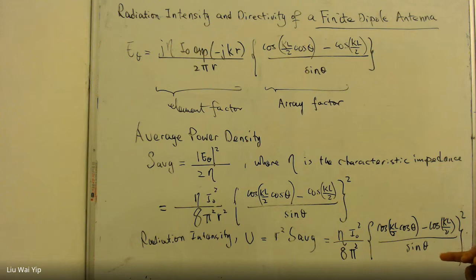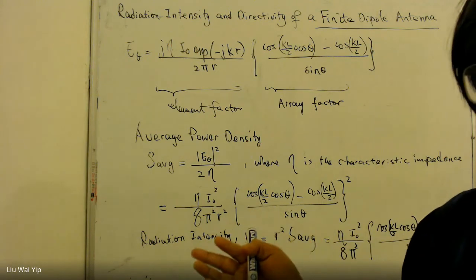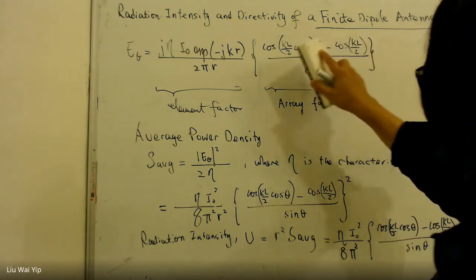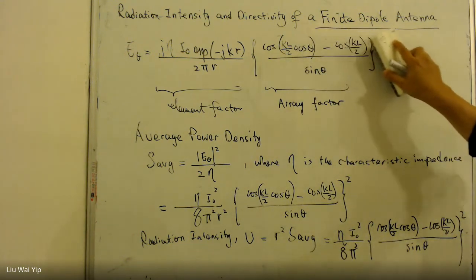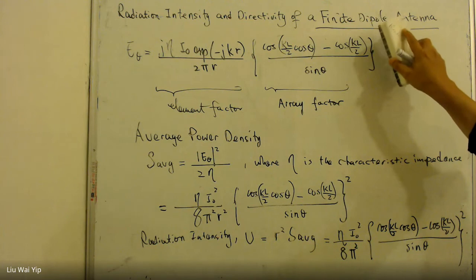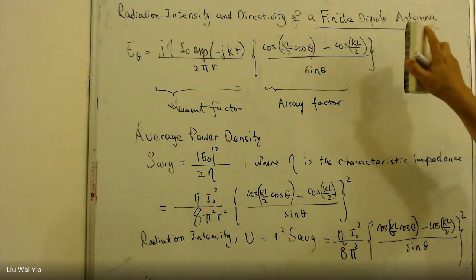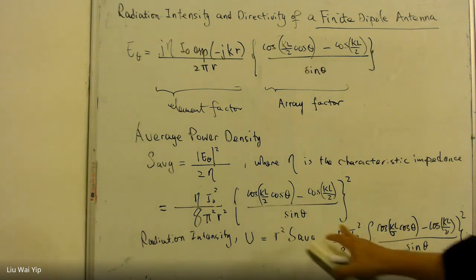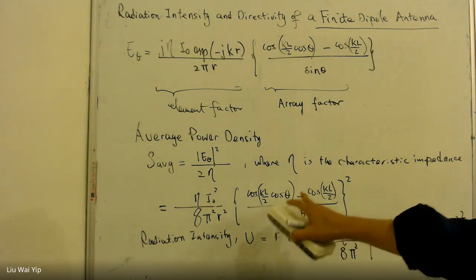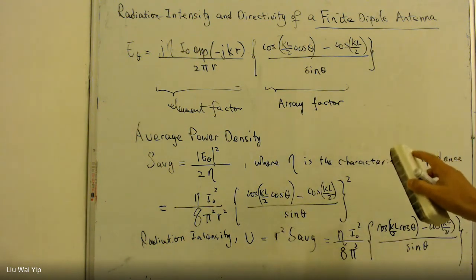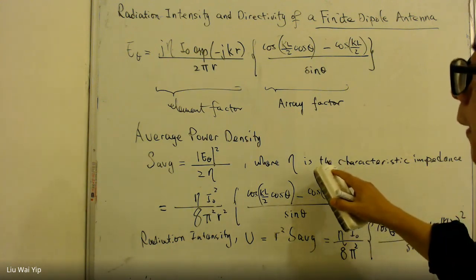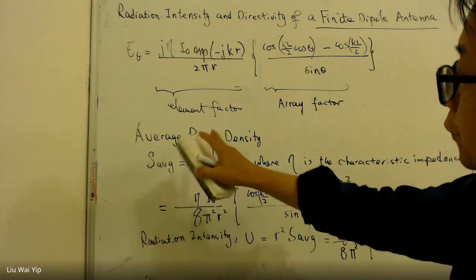And this is the so-called half-wave dipole. So what I am going to do is to preserve these two formulas, and the next thing that I'm going to do is to find out the half-wave dipole.